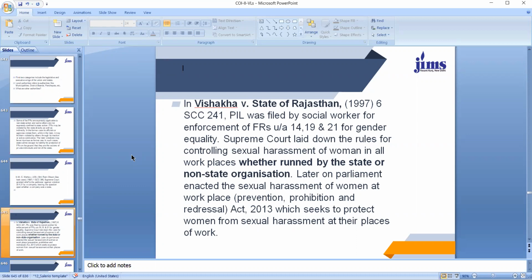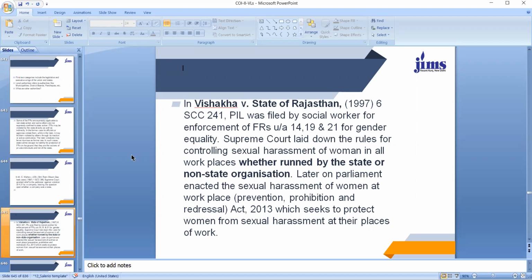And you know that later on Parliament enacted a legislation, the Sexual Harassment of Women at Workplace (Prevention, Prohibition and Redressal) Act 2013, which seeks to protect women from sexual harassment at their places of work. So the point to be noted here is that this judgment of the Supreme Court granted relief against those organizations which are not run by the state.